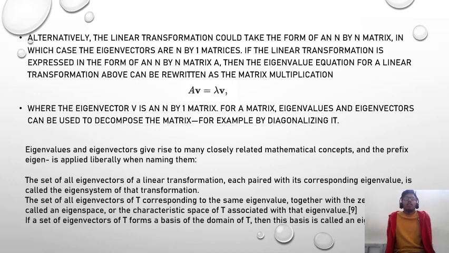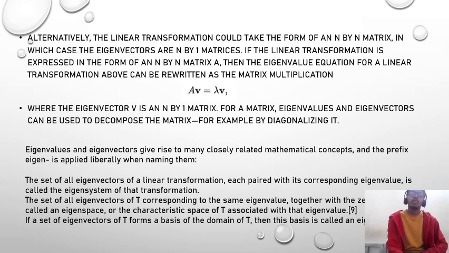Alternatively, the linear transformation could take the form of an n by n matrix, in which case the eigenvectors are n by 1 matrices.